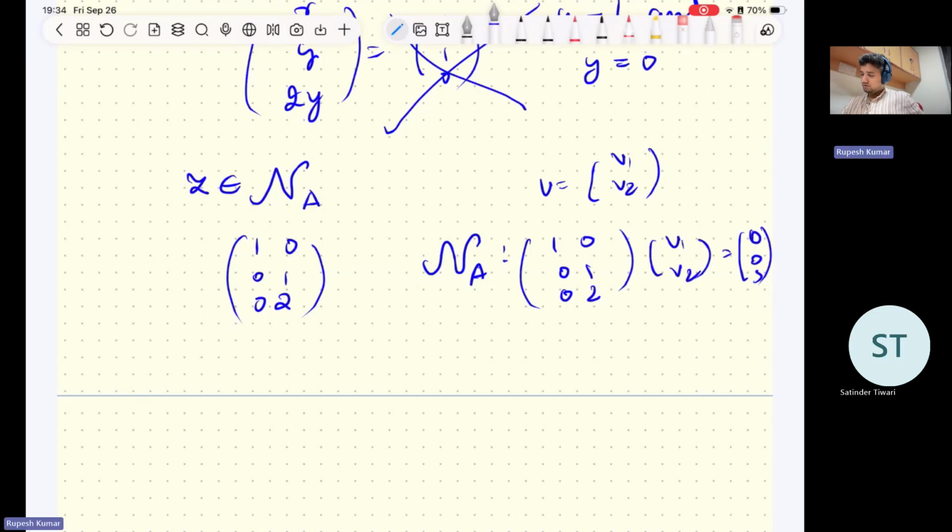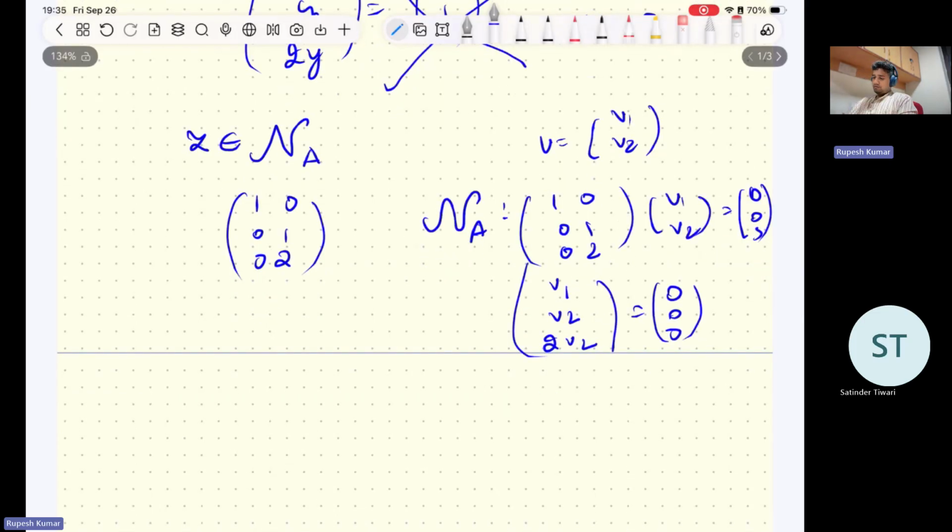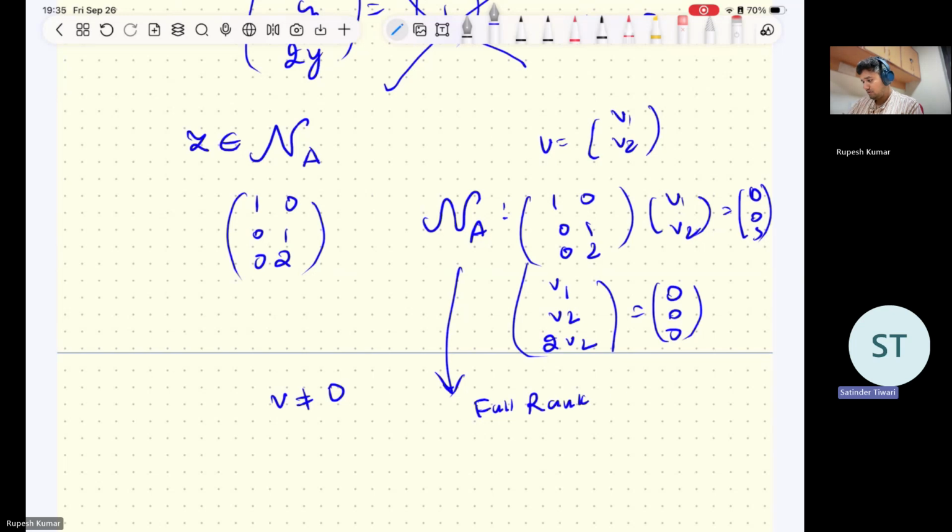This gives you v1, and then this into this will give you v2, and then 2v2. Now this has to be 0. But v cannot be a 0 vector, so this is not giving us the desired form we want. It's a full rank matrix, so you are only getting this.